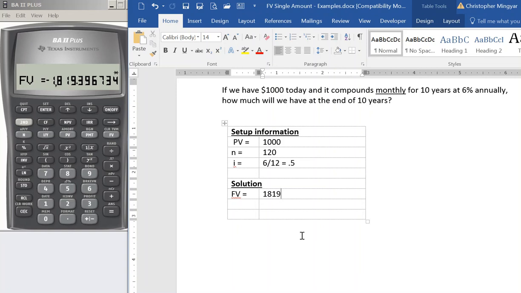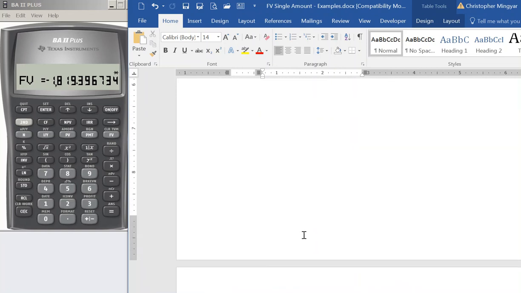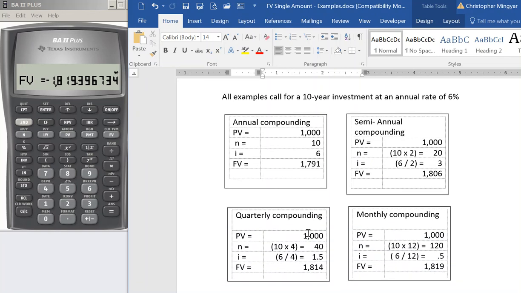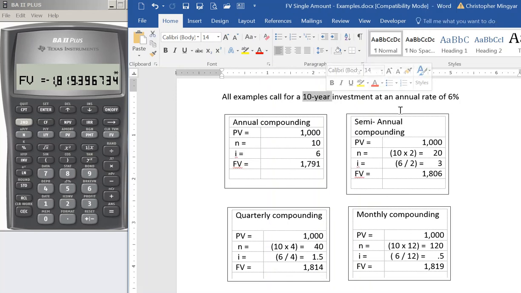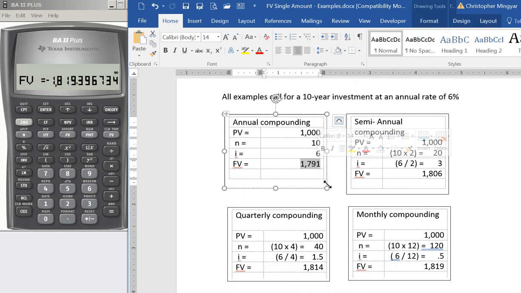So let's take a look and compare the results here of these things. Remember, each one of these was for 10 years at an annual rate of 6%. And with annual compounding, we ended up with 1,791.